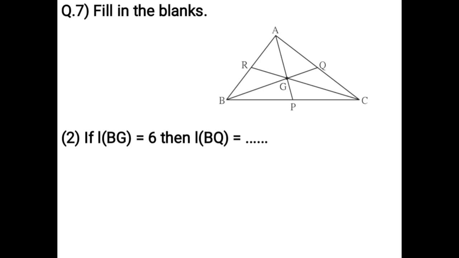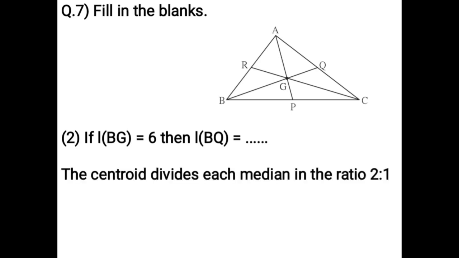So length of BG you have to consider as 2 and length of GQ as 1 in ratio form, when the centroid divides each median in the ratio 2:1. So length of BG and length of GQ you have to write in ratio form, that is 2:1 in median BQ.